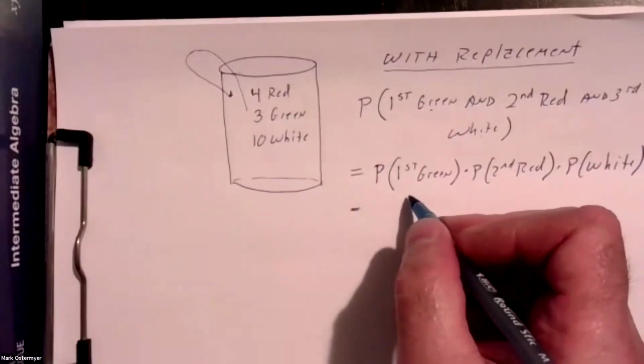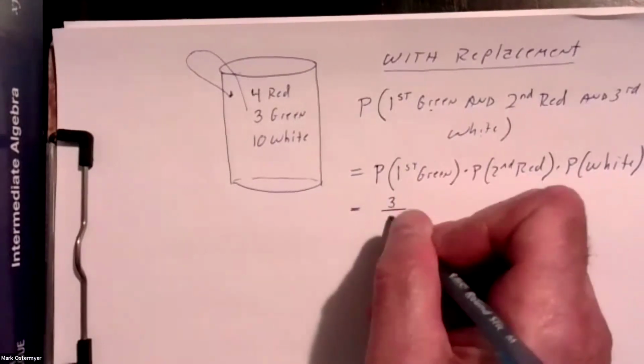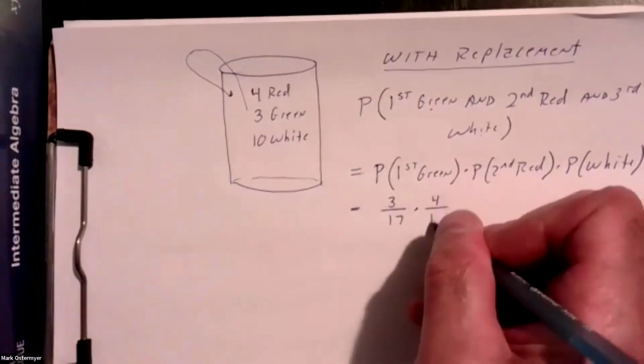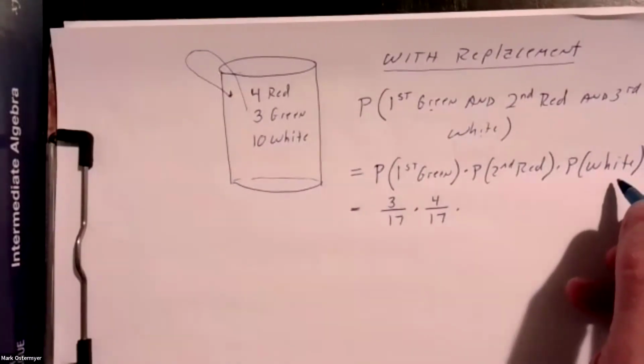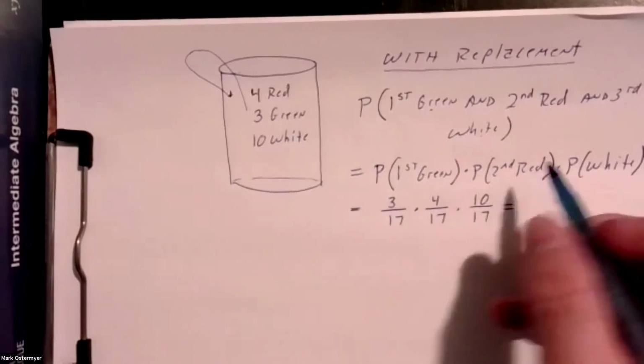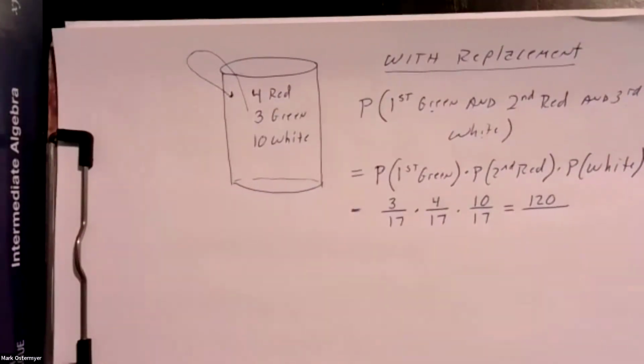Probability of reaching and pulling out a green ball on the first selection is going to be 3/17 times the probability the second selection yields a red ball is going to be 4/17 times the third selection being white would be 10/17. 3 times 4 is 12 times 10 is 120. 120/17 times itself 3 times, and let's see, what's that going to give us here? 17 times 17 times 17. 4,913.